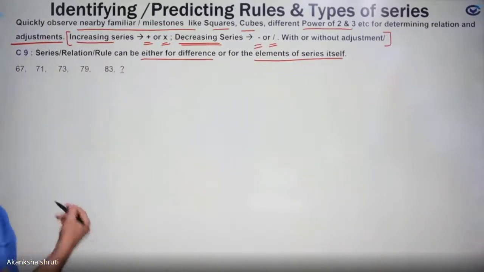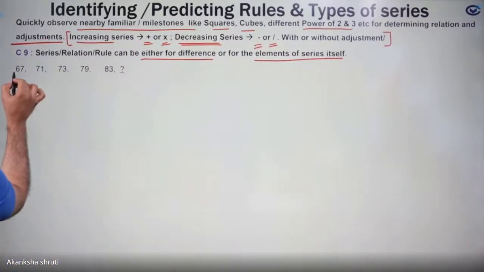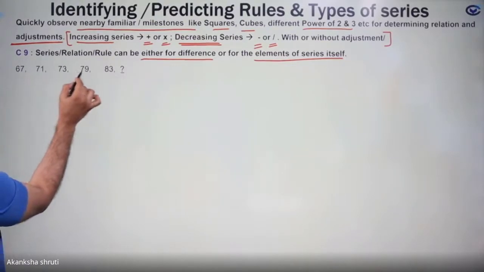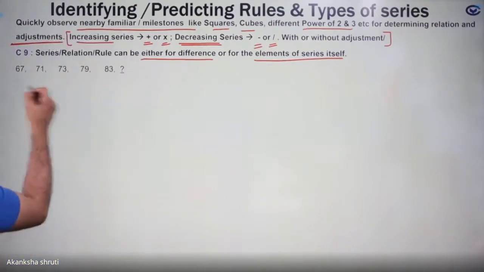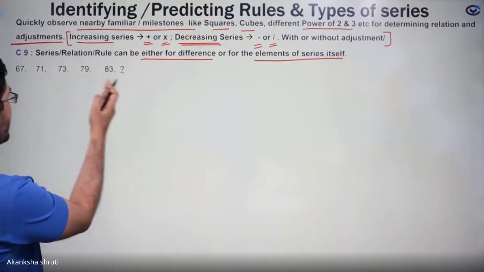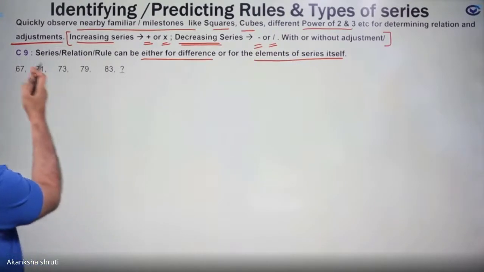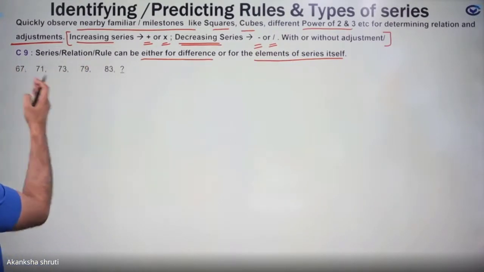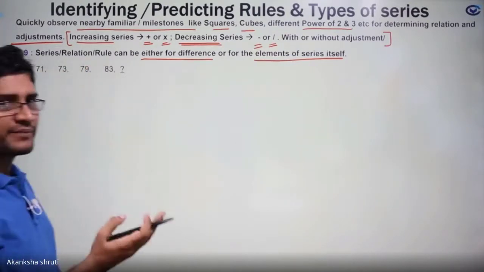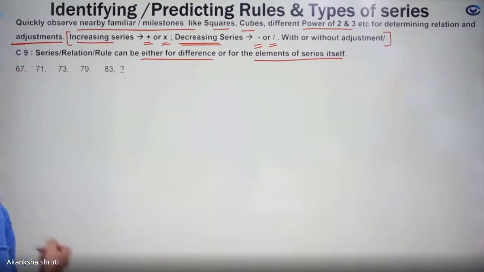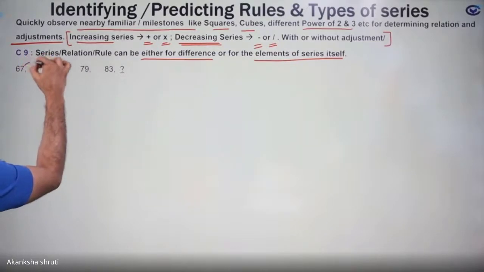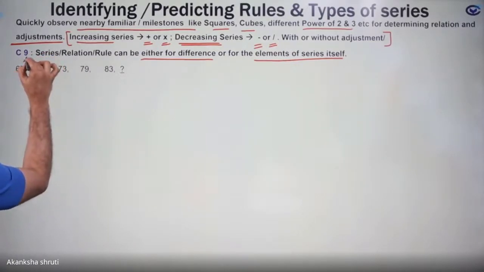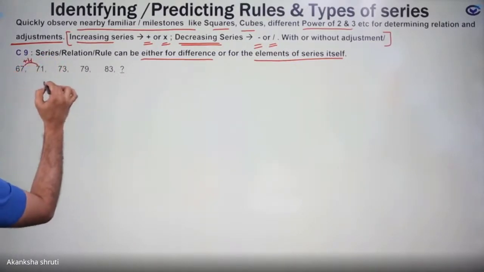Students, we have to see. You are given the series 67, 71, 73, 79, 83. What is the next term? One thing, observe the difference. If not uniform, try to find the relation among these numbers, based on the character of the numbers. Here, the difference between 67 and 71 is an addition of 4.